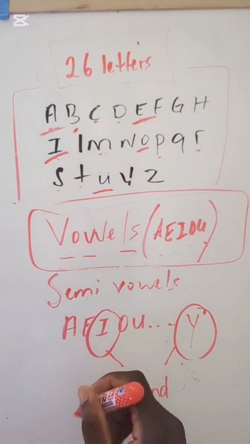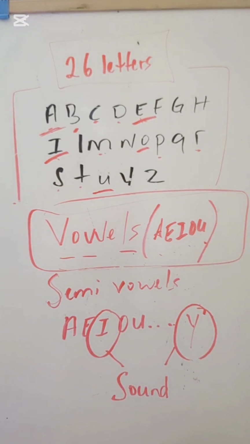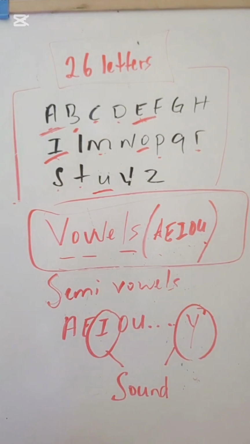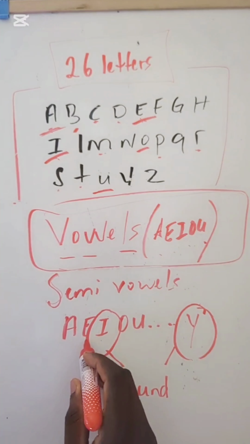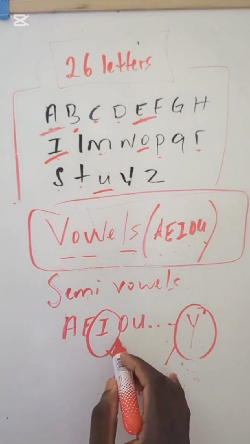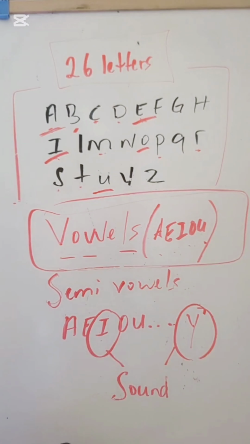Vowels are pronounced by letting air exhale from your mouth without being blocked. So when I say A, air is being expelled from your mouth and it's not being blocked. E, air is being expelled and it's not being blocked. I, air is being expelled and it's not being blocked.